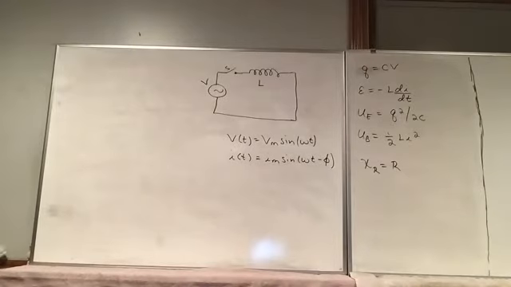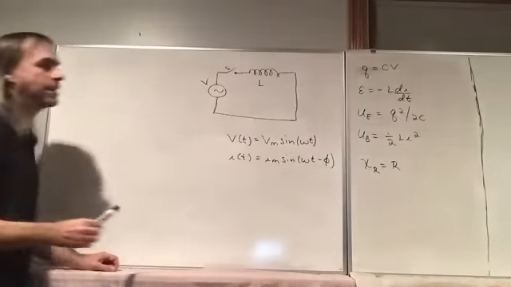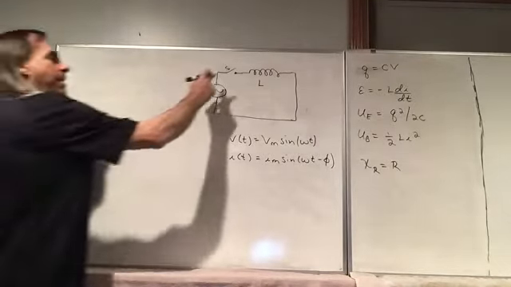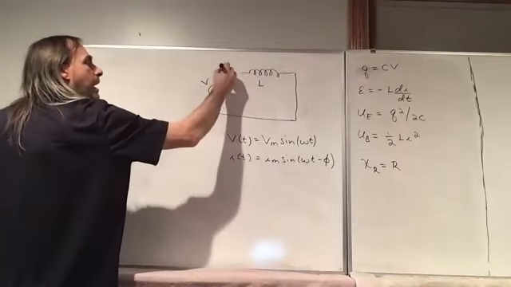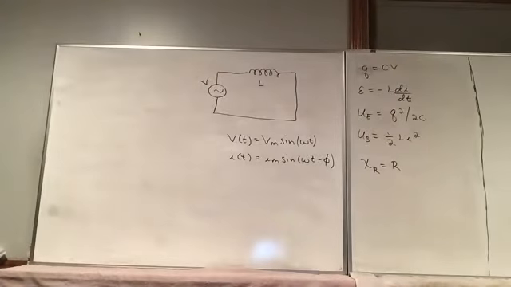But you can use Faraday's law and get the exact same result. So I'm just doing it the way the book does for convenience. But that video is actually interesting to watch, so I'll post a link if you want to see it. But anyways, I'm going to get rid of this switch because we're looking at the long time behavior after the transients have died off.